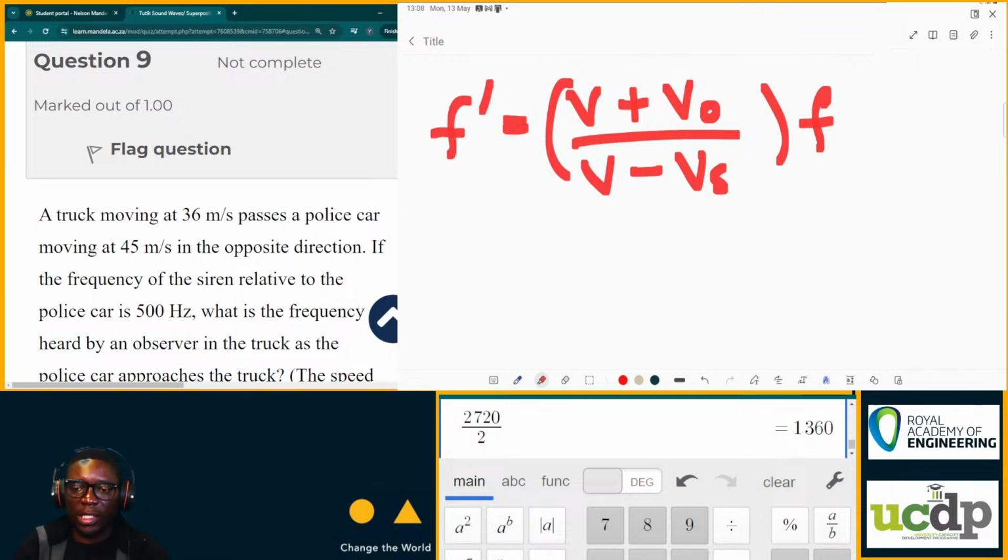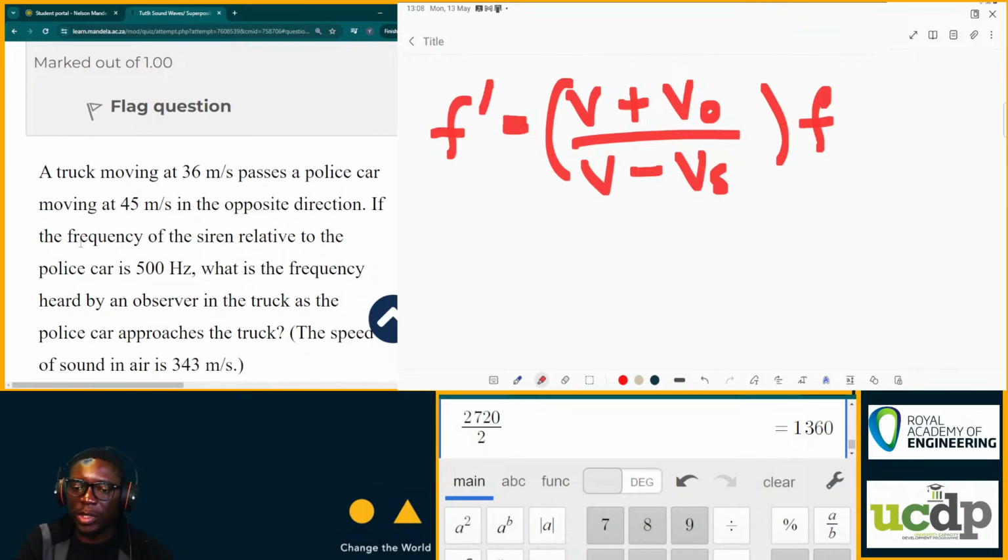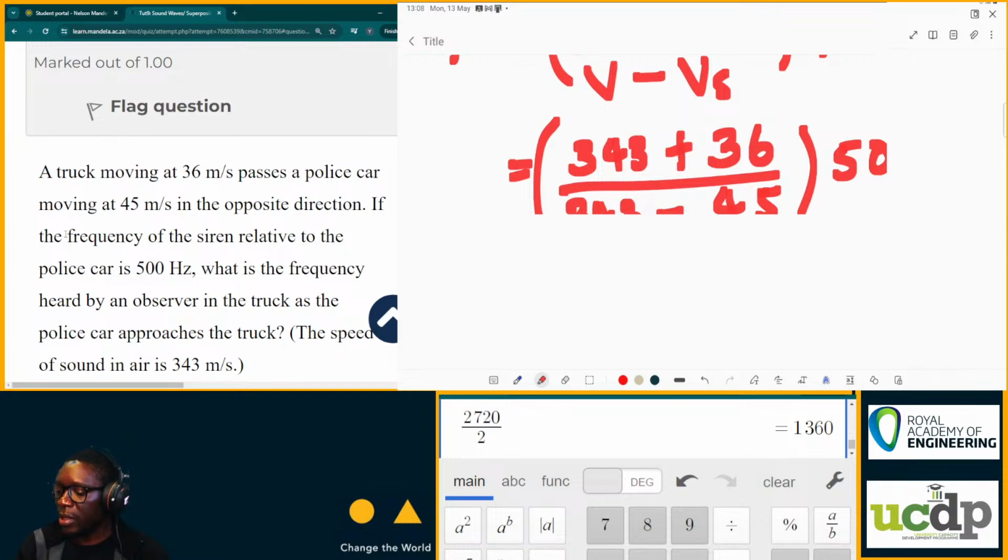The speed of sound needs to be taken to be 343 meters per second. So we have 343 plus the velocity of the observer, which is the velocity of the truck, 36, over 343 minus 45, which is the velocity of the police car, and the frequency of the original wave is 500.